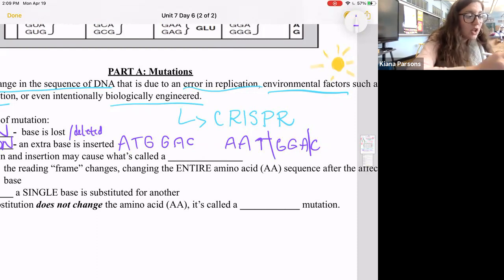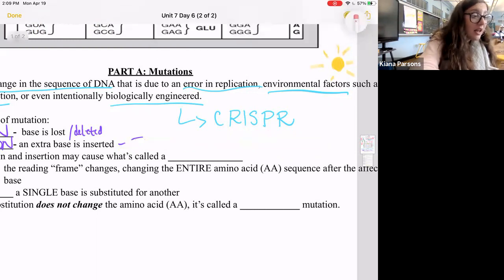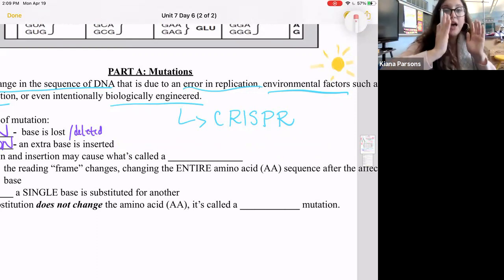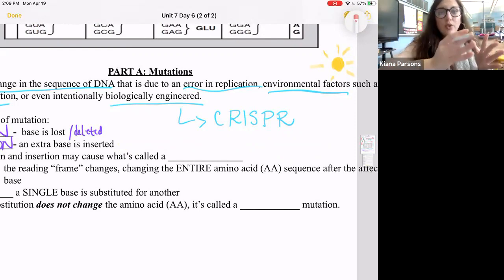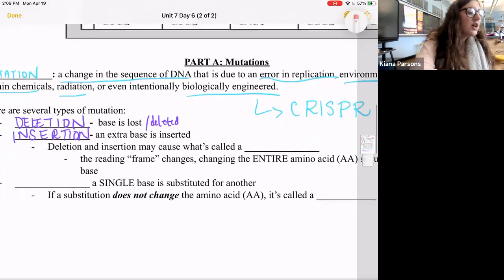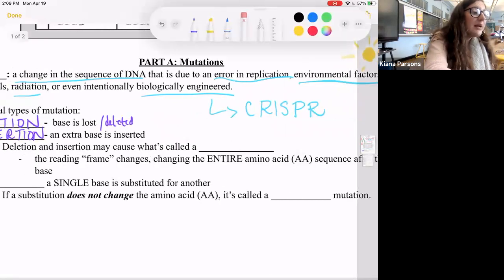So just by losing one base or inserting one base, we can completely change how the line of code is being read because it affects what our codons are. And those triplets, those three base groups are very important because that's how our body actually reads these strands of RNA and DNA. So deletion and insertion may cause what's called a frame shift.